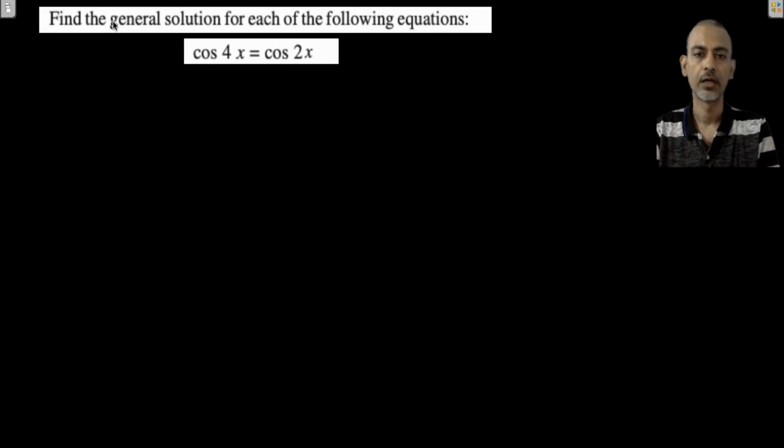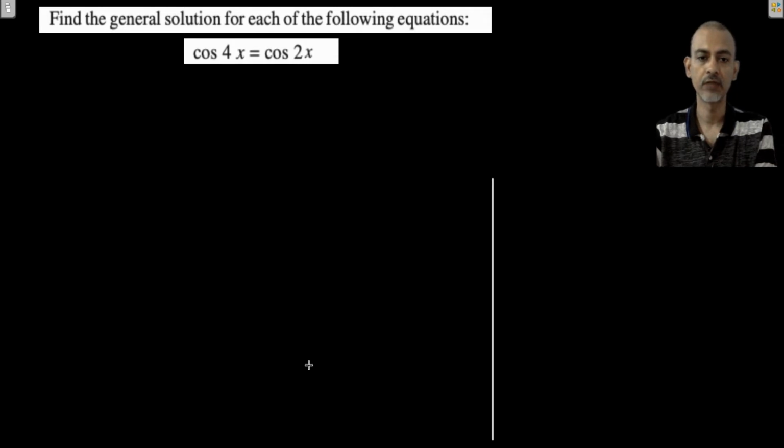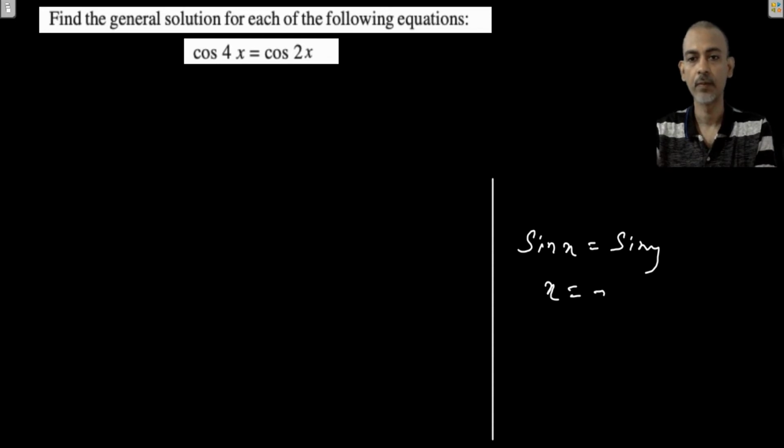So again, our method would remain the same. We will remember the concepts and apply them over here. Our concepts remain the same, whatever we had done in the previous exercise. So these three simple formulas we have to remember. When sin x equals sin y, then my general solution becomes x equals n pi plus minus 1 to the power n into y.